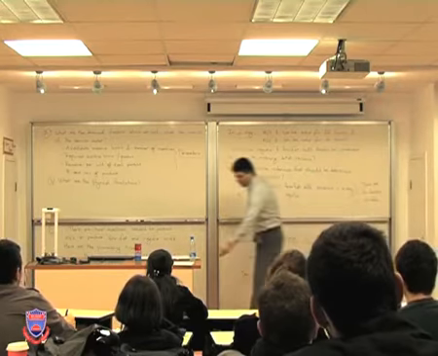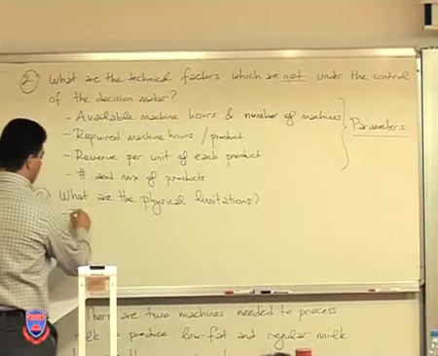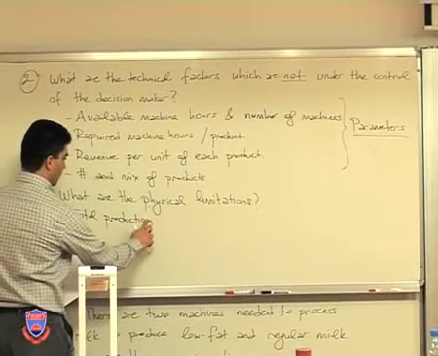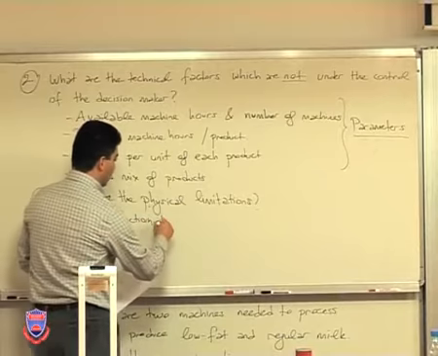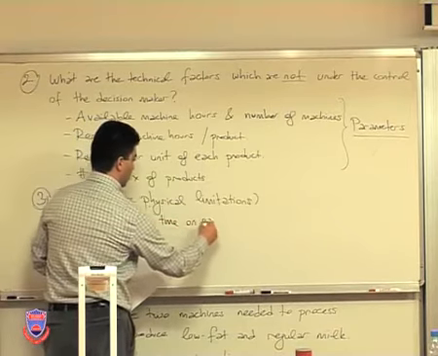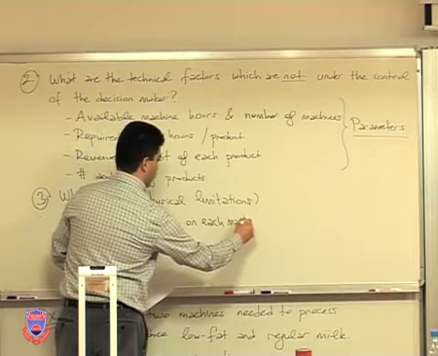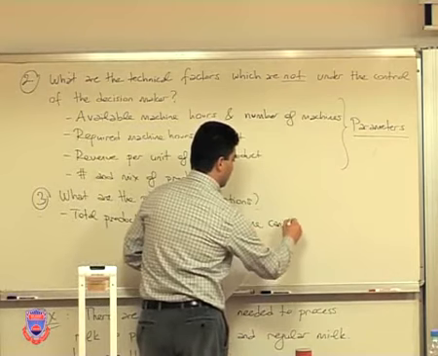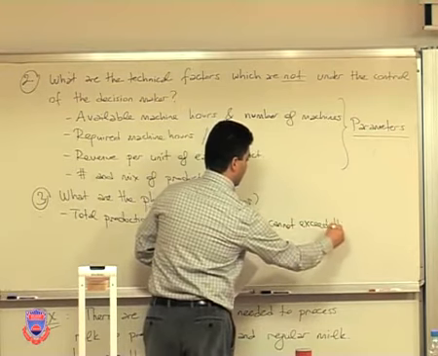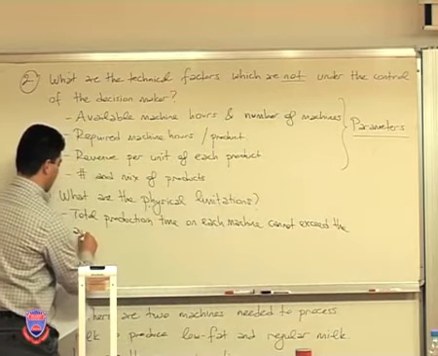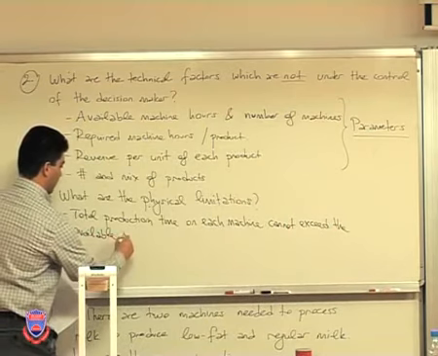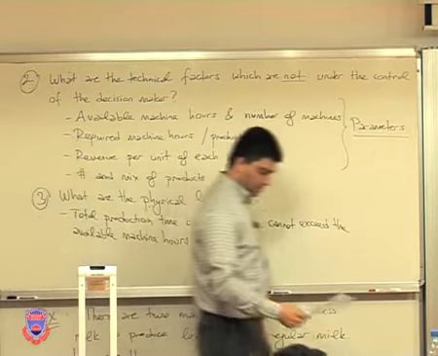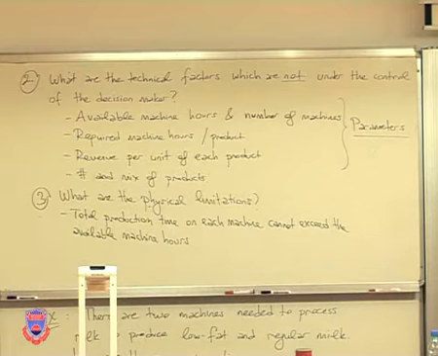Let's write that down. Total production time on each machine cannot exceed the available machine hours. What else?